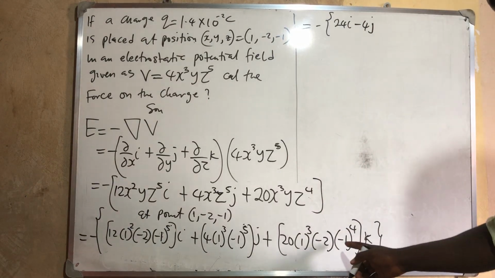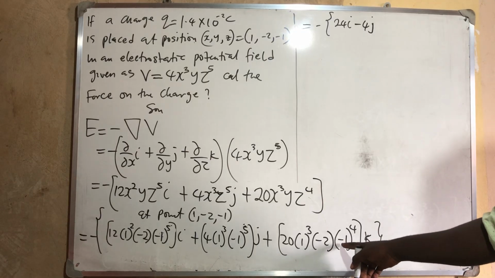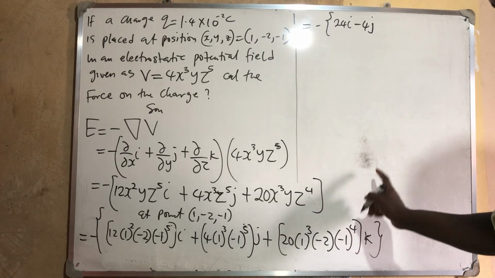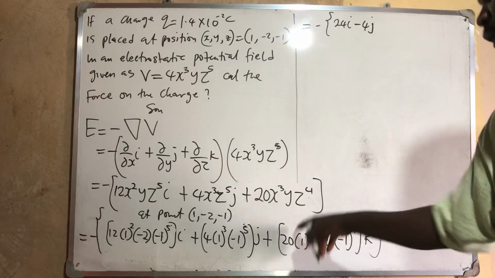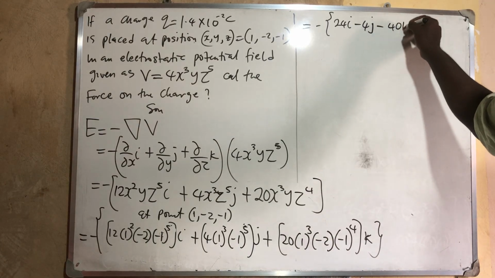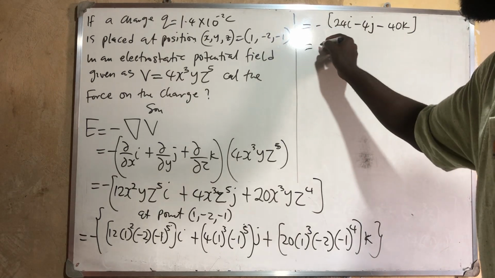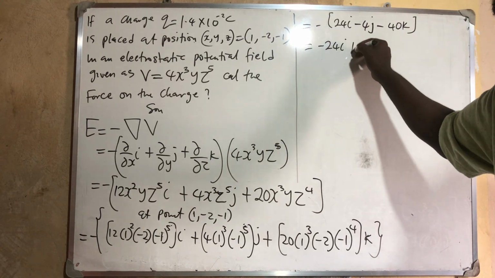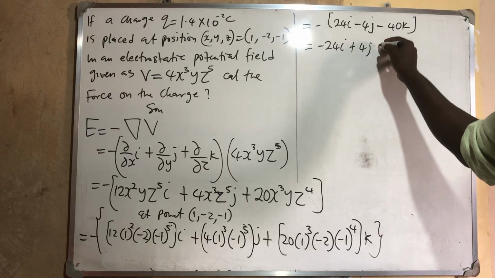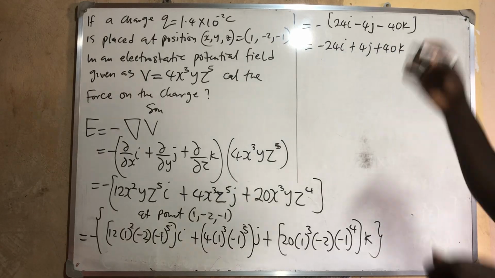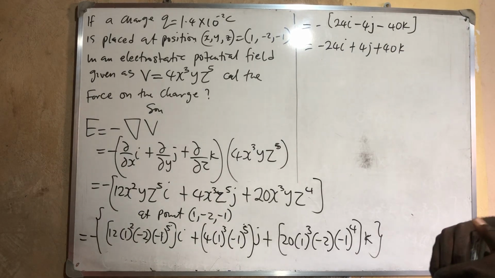Here is minus raised to an even power, so the minus is gone. I have minus 40k. If you now open the bracket with your minus, you'll have minus 24i plus 4j plus 40k. So this is my electric field strength.